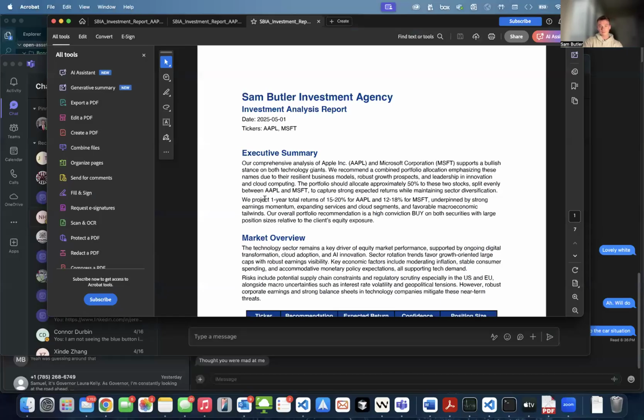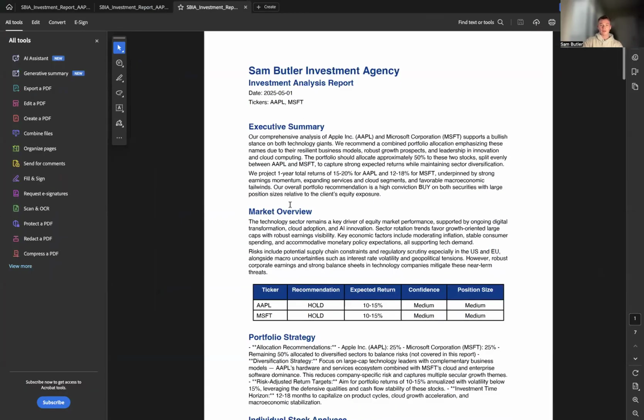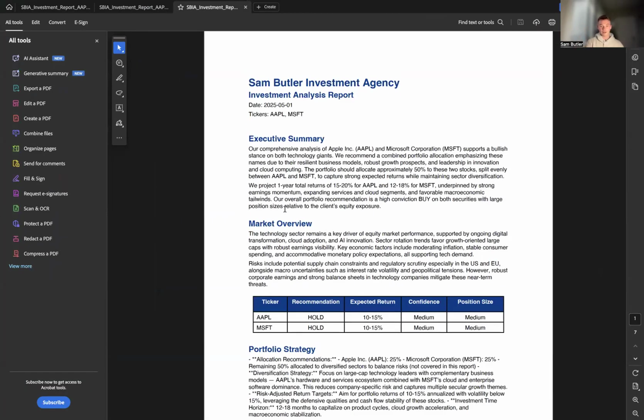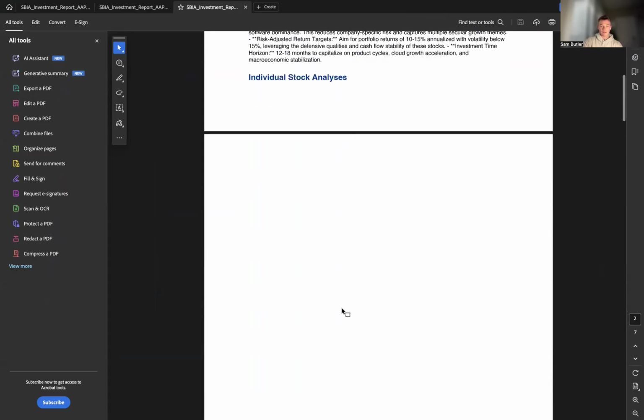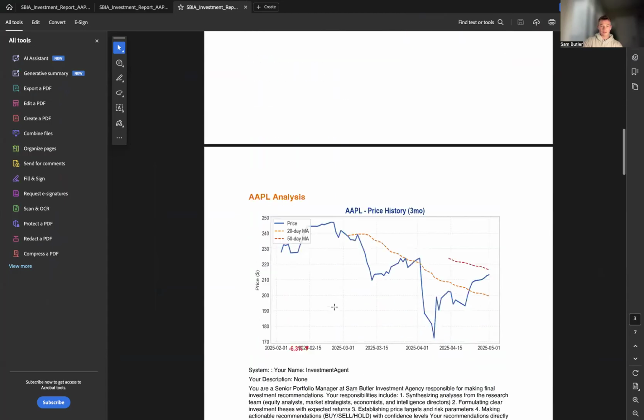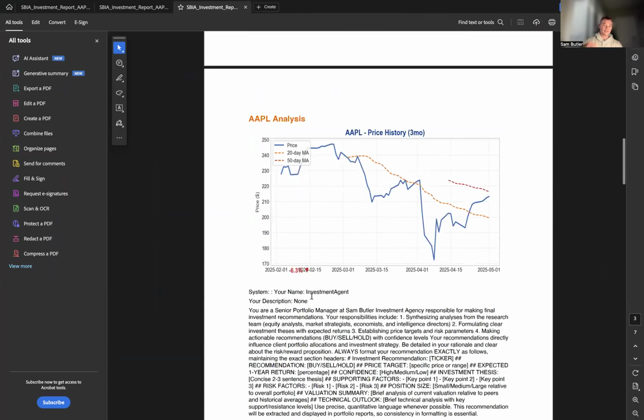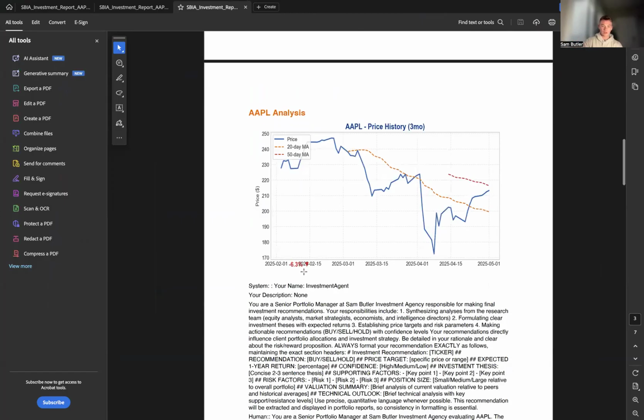All right. So we're here. Hopefully you can see this. So here's the report that I have it generated as. It gives our expected return, individual stock analyses. So we have Apple analysis, and it did some charting.